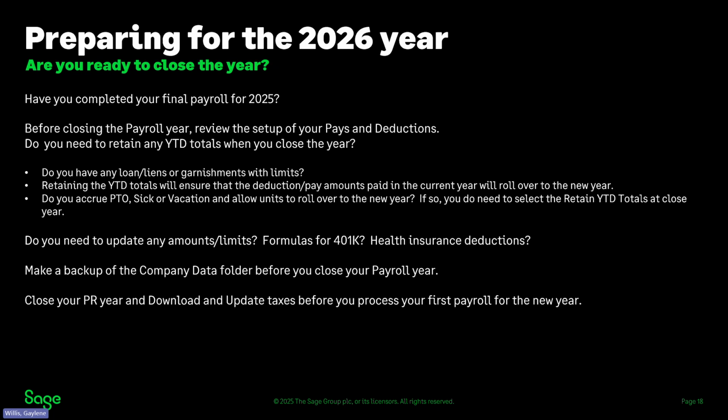Are you changing anything with regard to a PTO policy where maybe you're going to up the amount of PTO days for an employee? Things like this you want to really review so you can make those changes prior to rolling over into 2026.